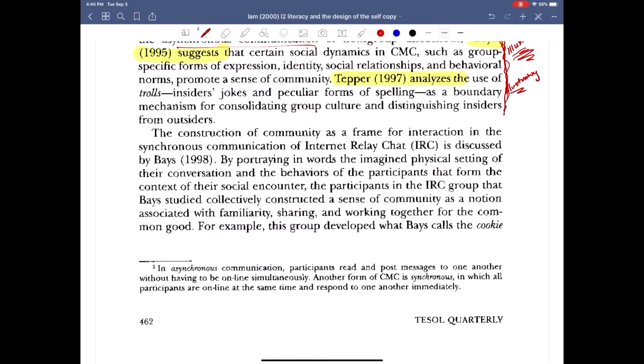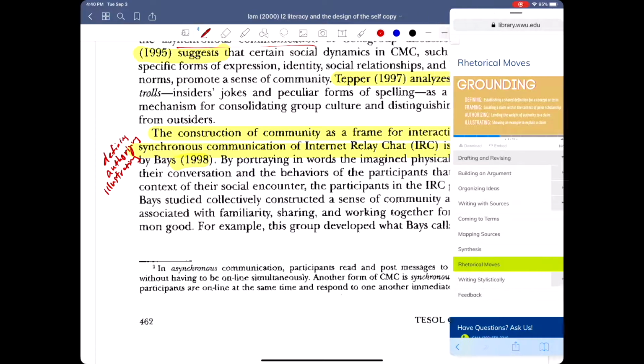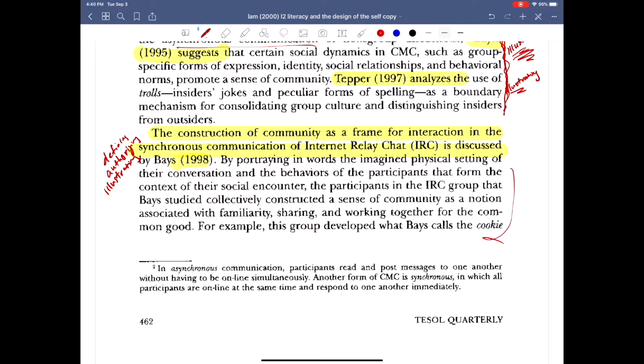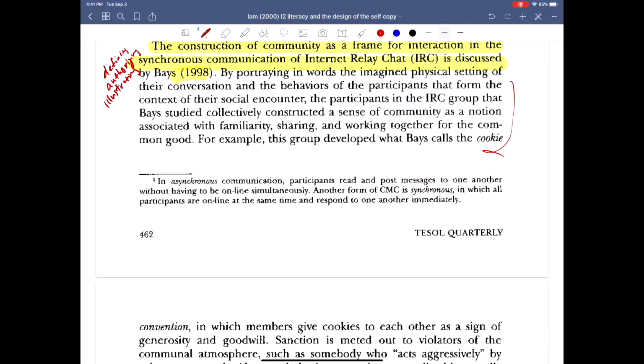Going back to her paper, here she is defining, and I guess also illustrating. Yeah, she's elaborating on this a little bit more. And here she's giving an extended example.